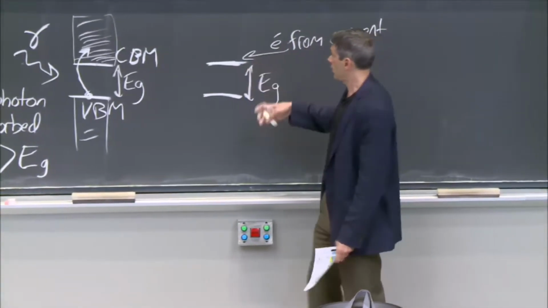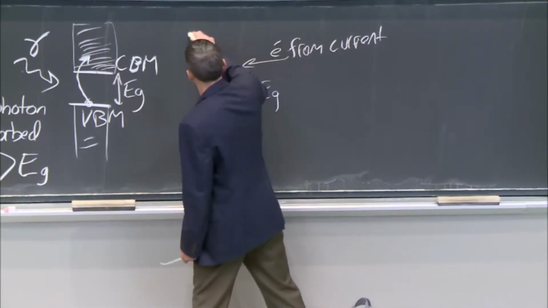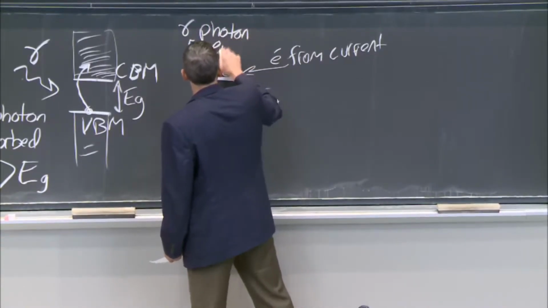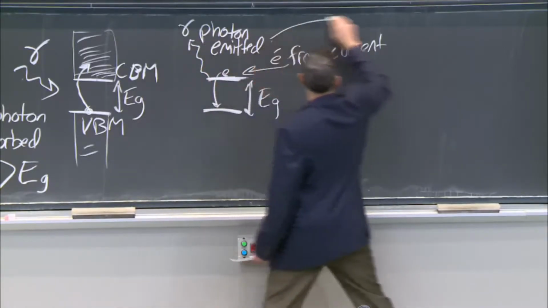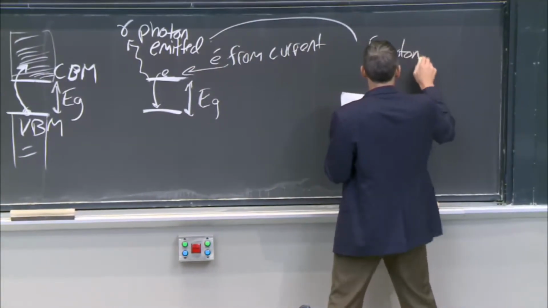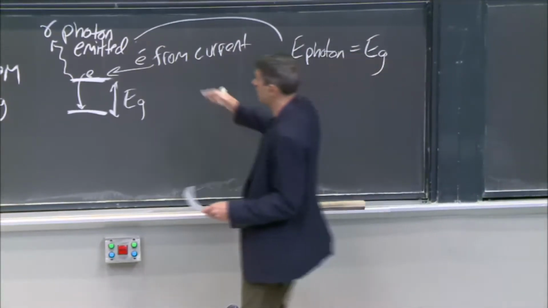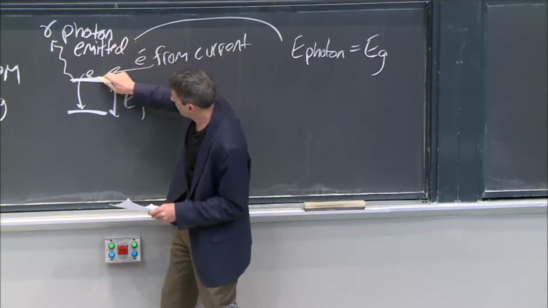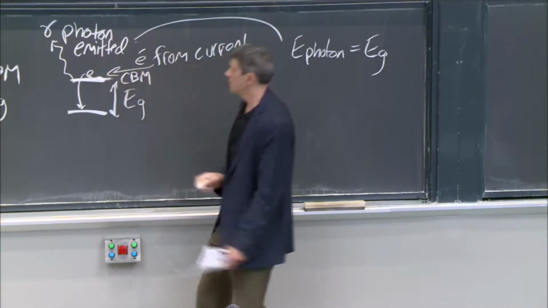But now, when those electrons fall down into the valence band, they emit a photon. Photon emitted, with energy exactly equal to the energy of the gap. You can see that because these electrons, I might inject them into the conduction band anywhere, but they're going to wind up very quickly going to this minimum conduction band state.